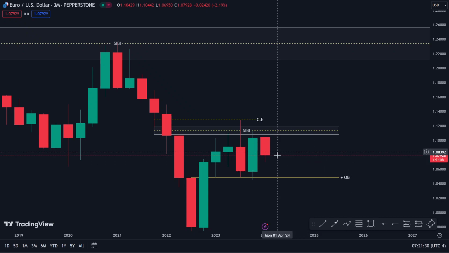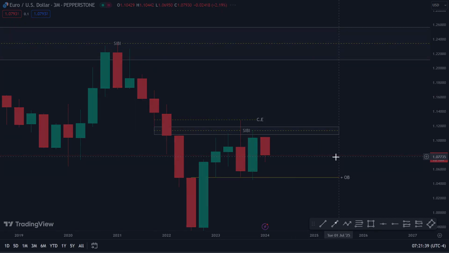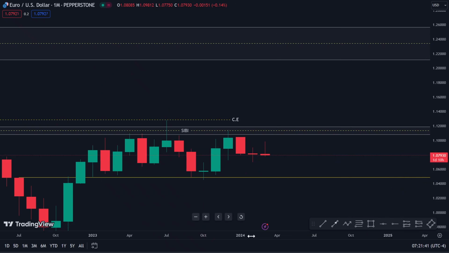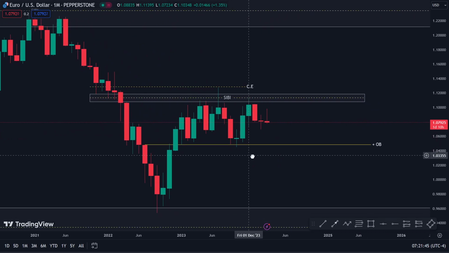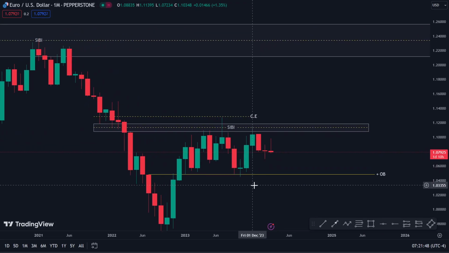This is where we currently are. And if we scale into the 1 month time frame, let's see what we have. Now onto our 1 month time frame.